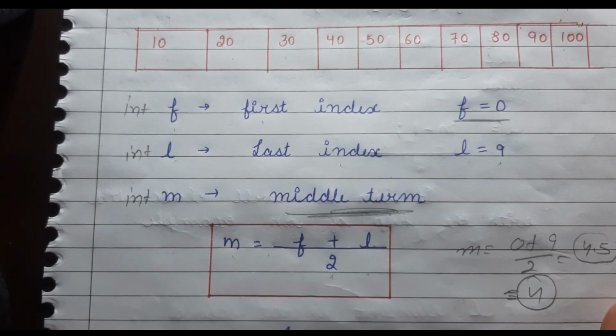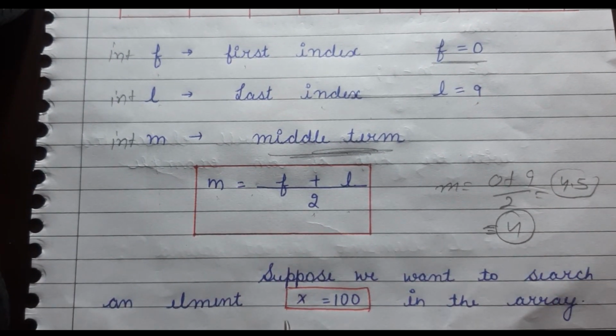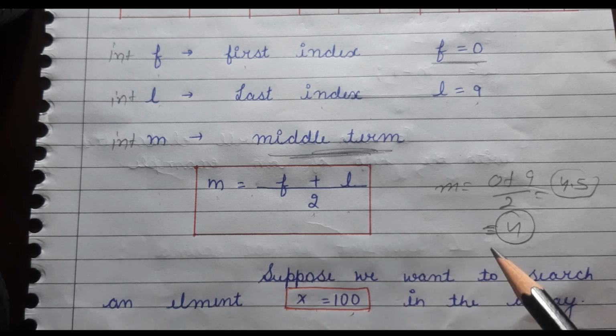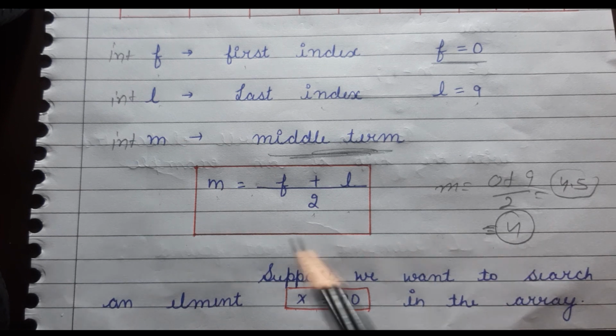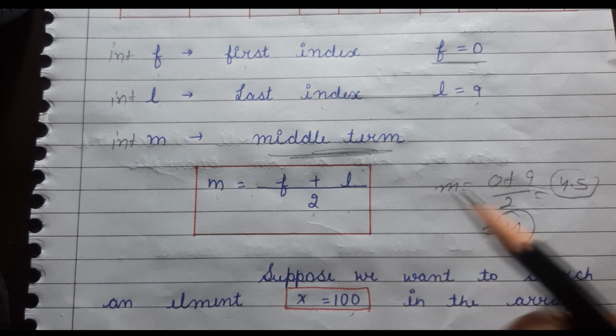Now suppose you want to search the element x, 100, in this array. Okay, so in this, every time we compare the searching element x with the middle element of the array. By performing the first comparison, the complete array is divided into two halves.